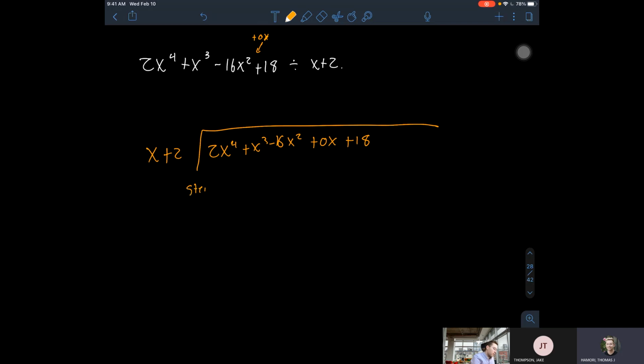Step 3 says the first term in Q is going to be equal to the first term in F, which remember is the inside, over the first term in D, which in our case is 2x to the power 4 divided by x, which is 2x to the power 3.